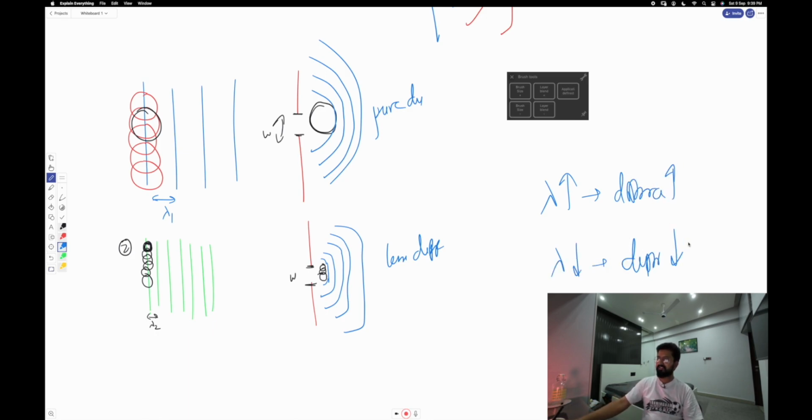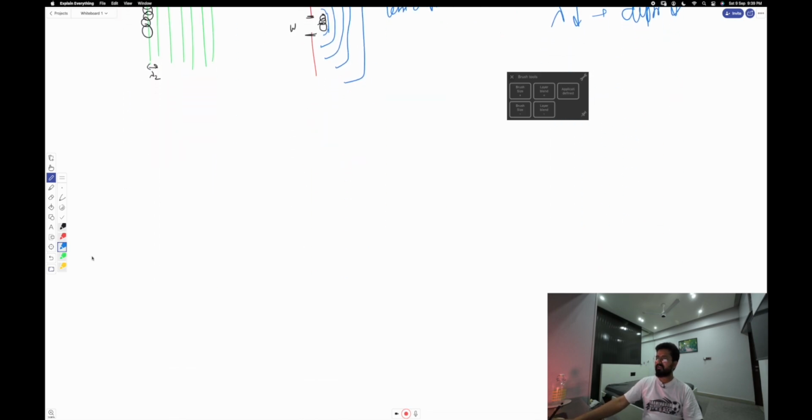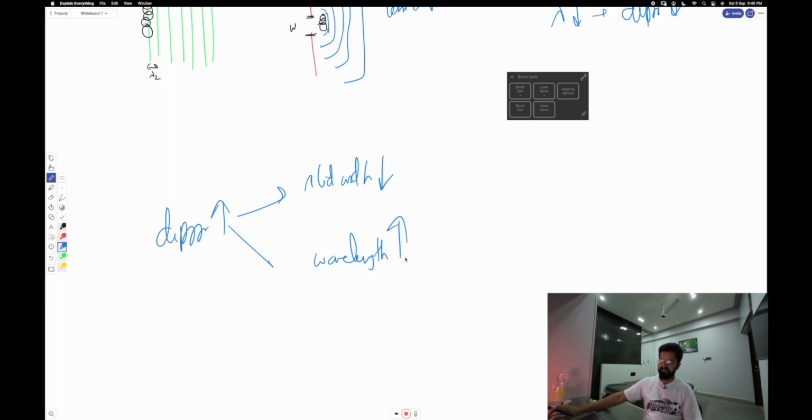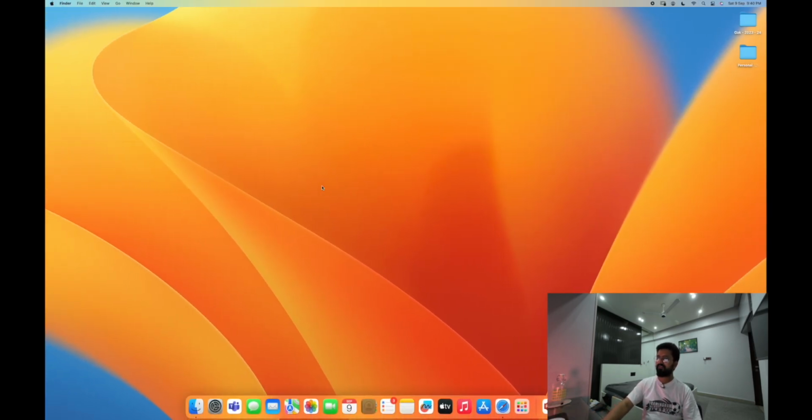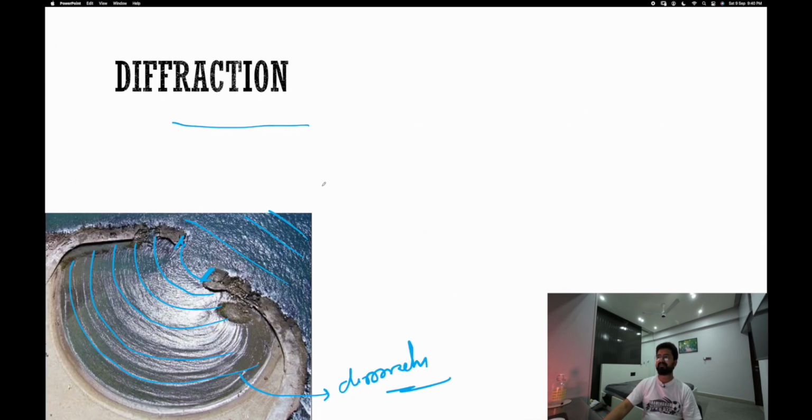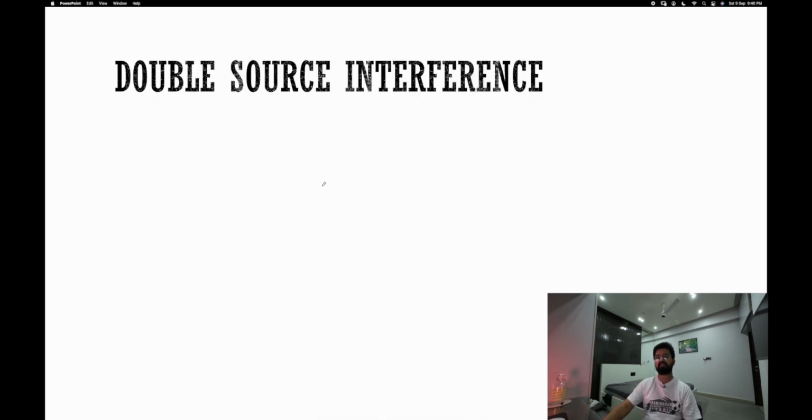Okay, so what are the conditions for larger diffraction? Slit width needs to be smaller, wavelength needs to be larger, right? The opposite will give you lesser diffraction. So that's all about diffraction. Let's move to the next concept, that is double source interference. Okay, we'll see this in our next video.